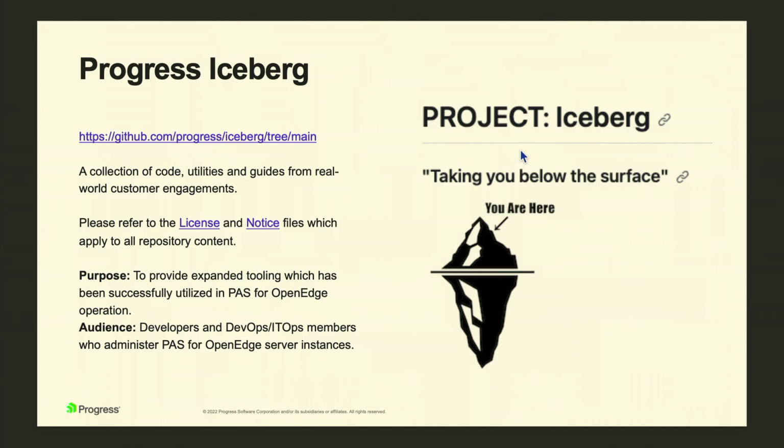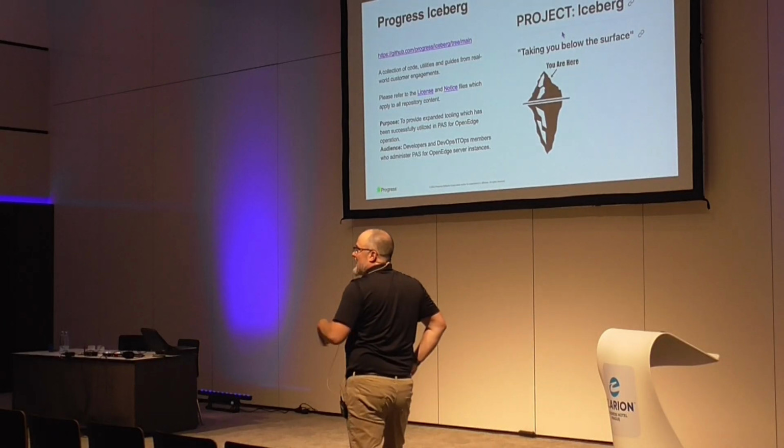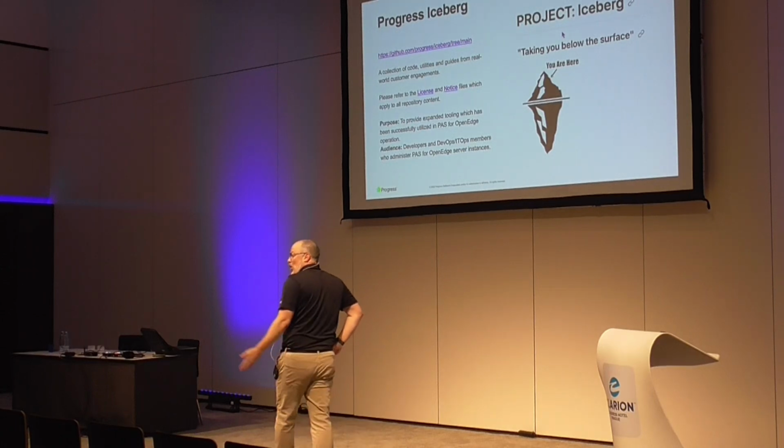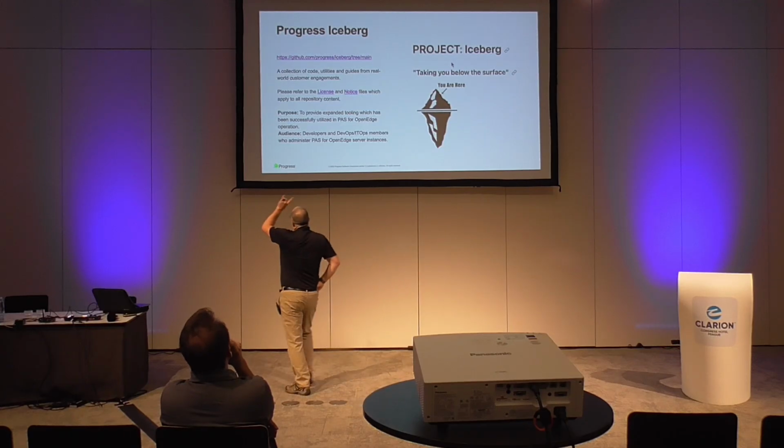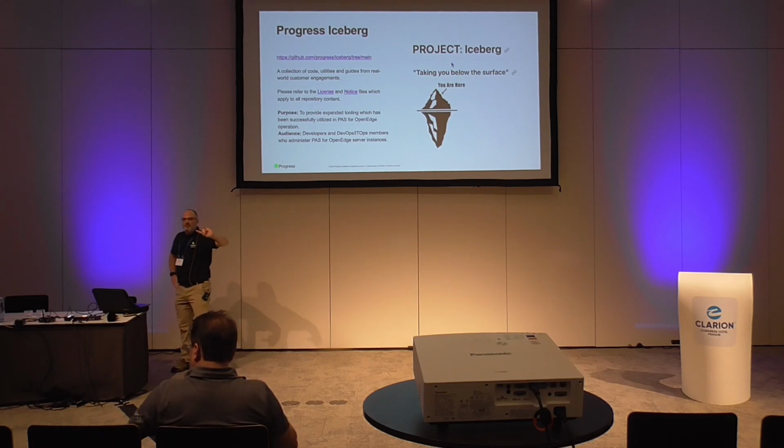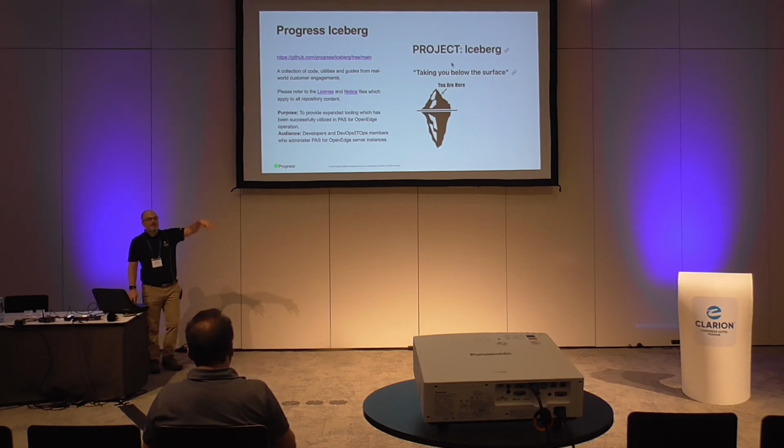So, a lot of shiny things. And now I've mentioned a couple different things too. I've mentioned Postman or scripting or automating your REST calls. Progress Iceberg. If you go to github.com/progress/iceberg, don't worry about the tree main, that just means current version. There's a whole bunch of tools in here that have been written by some of our internal engineers.